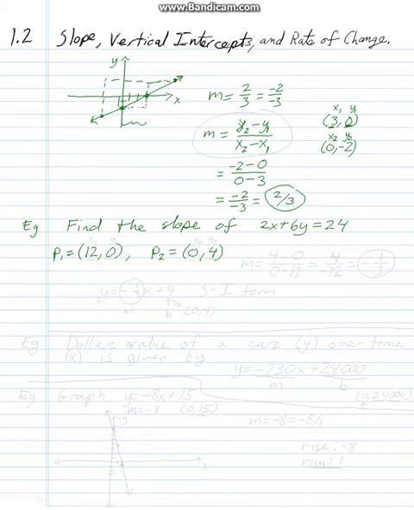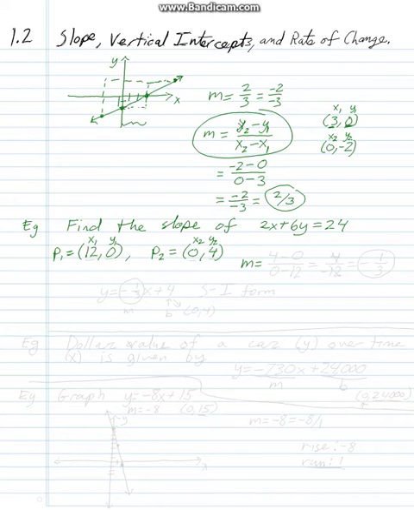So we can use this slope formula again and say the slope of this line is going to be, now again it doesn't matter which is your first point and your second point, so I'll just go in order. I'll say this is x1, y1, x2, y2.